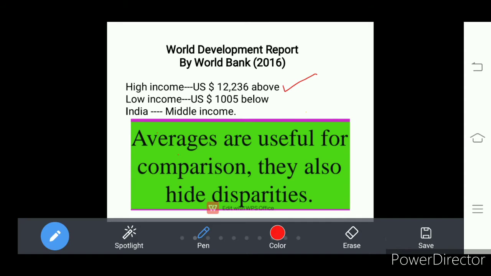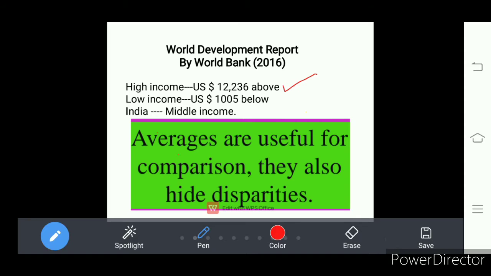Okay, and those nations where the per capita income of the people is below $1,005, that is the low income group of countries, and below 12,236 US dollars and above 1,005 US dollars are middle income group countries, right?